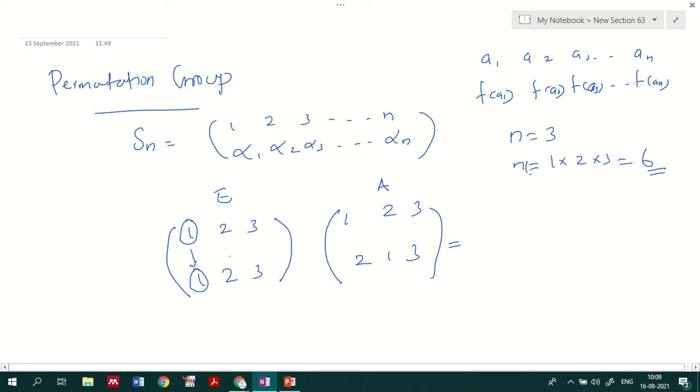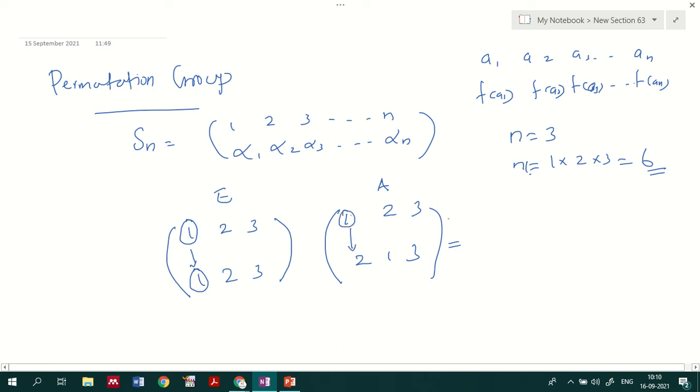Then you look at the corresponding value in the next matrix: corresponding to 1 we have 2.